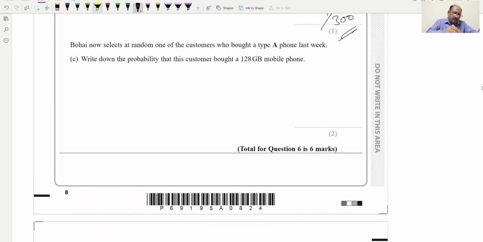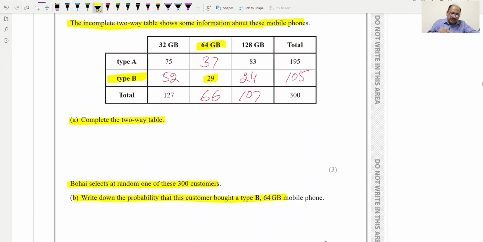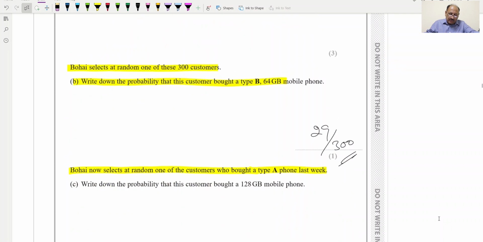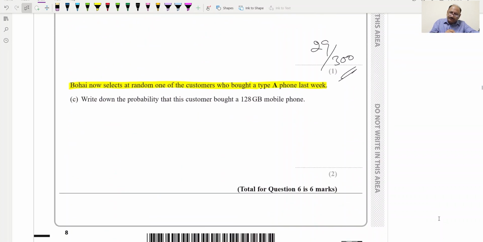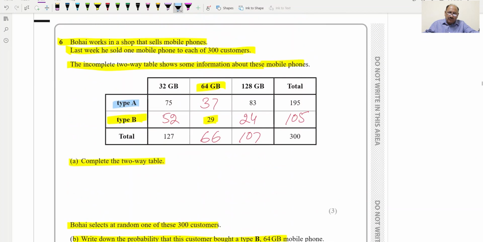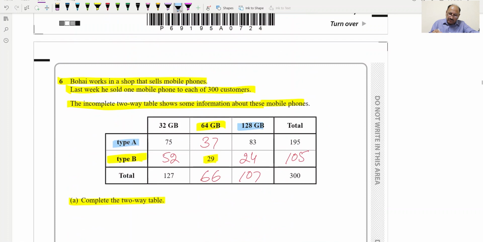Now the second part, C part: select at random one of the customers who bought a type A phone last week. Type A is this one. We can figure out this is type A, and write the probability that this customer bought a 128 GB mobile phone. 128 GB will be this one.